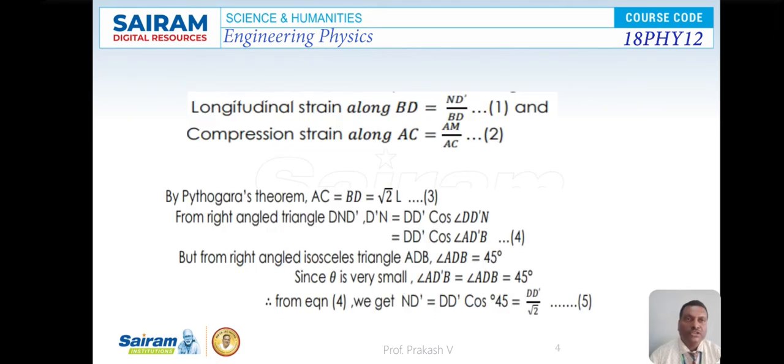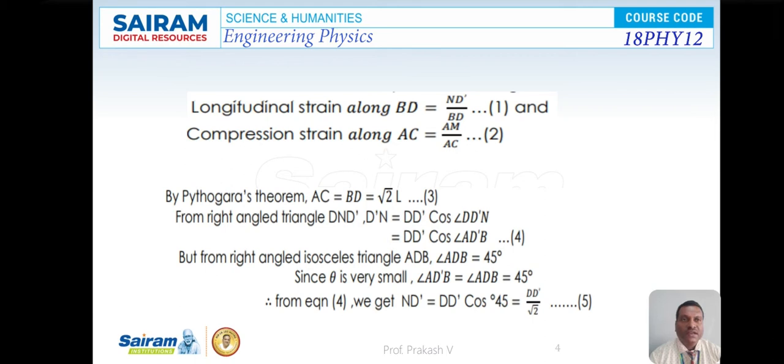Therefore the longitudinal strain along BD is equal to ND dash by BD. Consider that as equation number 1, and compression strain along AC is equal to AM by AC. Consider that as equation number 2. According to Pythagoras theorem, AC is equal to BD, that is equal to root 2 L. Consider that as equation number 3.